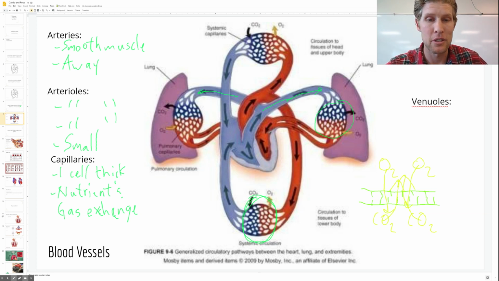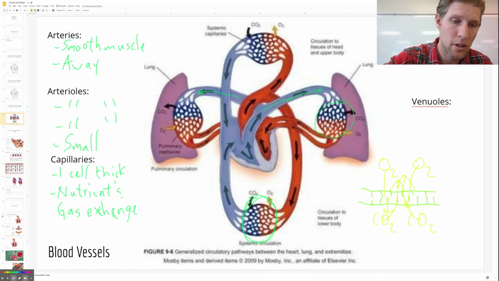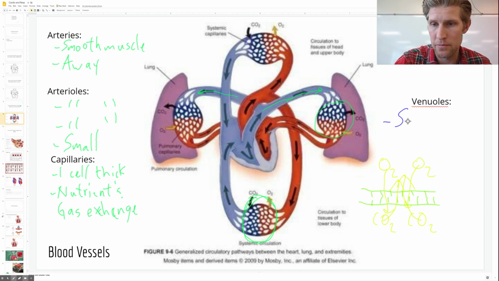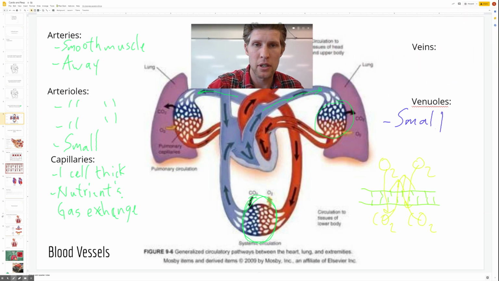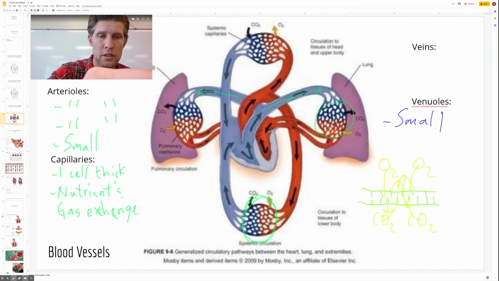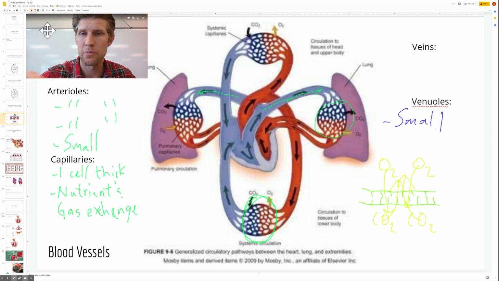Next, let's talk about venules. I kind of like going in order. So your venules are just smaller veins. That's what they are. Let's change this. They are just smaller veins. Let me move this over here. Just going to cover up arteries right here.